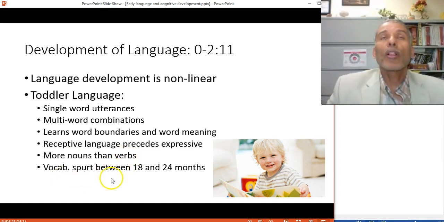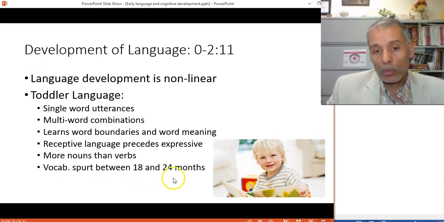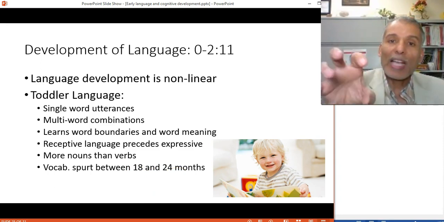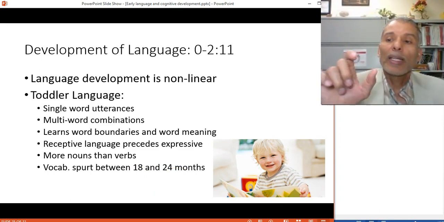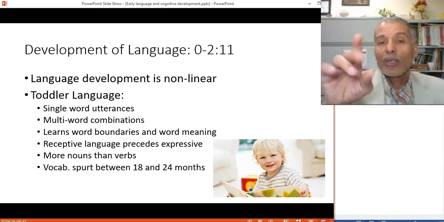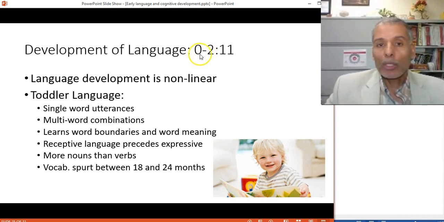Vocabulary develops significantly at about age 18 months to 24 months. They have a spurt in their vocabulary, and that spurt enables them to have more words to make multiple word combinations so that they start to build sentences. That all happens during the first 2 years of life.